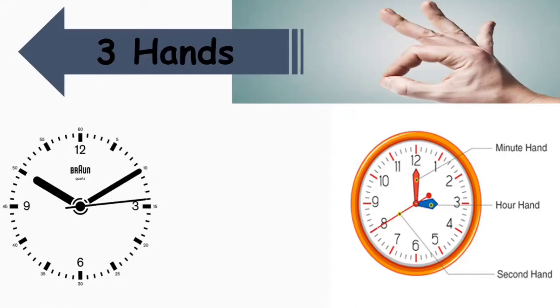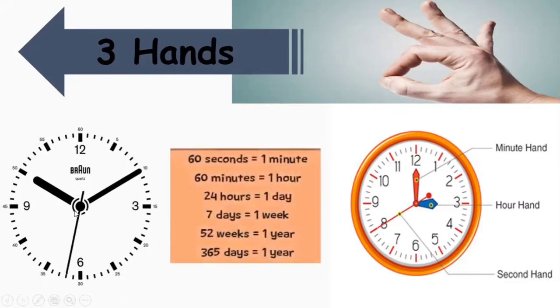And after completing 60 steps, we get 1 minute. That is, the minute hand takes one step after the second hand completes 60 steps. So, 60 seconds is equal to 1 minute.